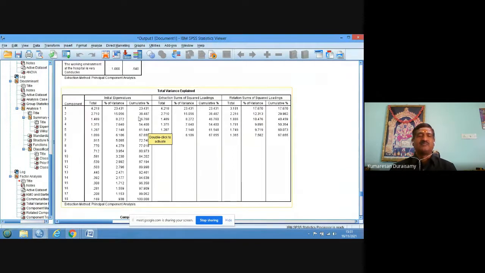They are the same: 4.218, 4.218; 23.431%, 23.431%. But look at this last one, it is different. Rotated sums of squared loadings. So here it is rotated.